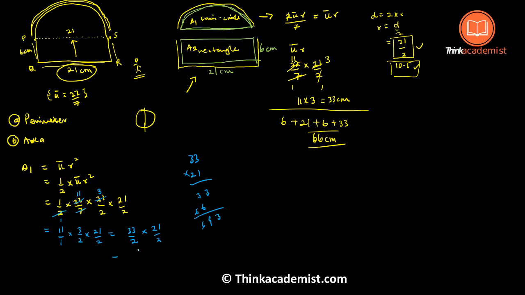Okay, so then the 2 times 2 gives us 4. So 396 divided by 4. Let's do that calculation quickly. So to do that calculation, we'll end up getting, let me see, okay, it should give us 173.25 centimeter square.